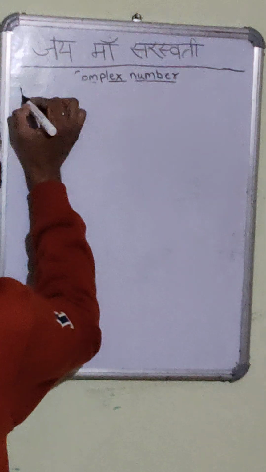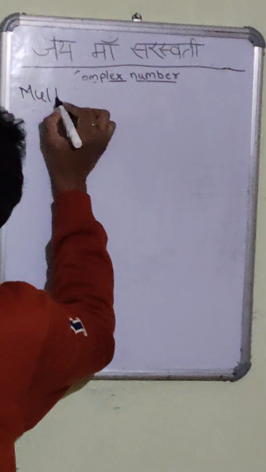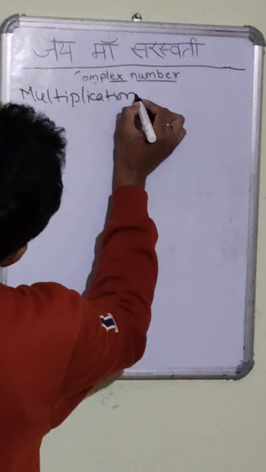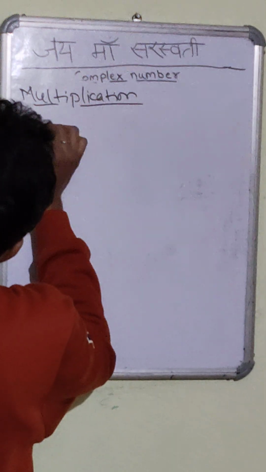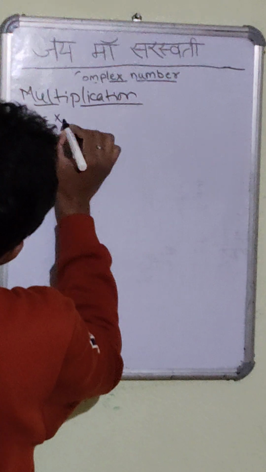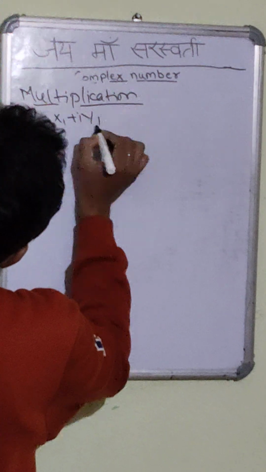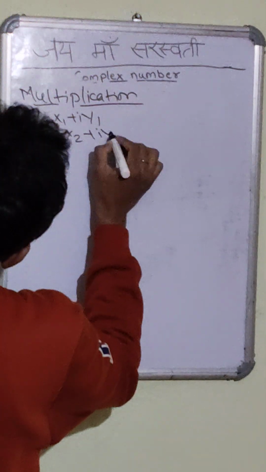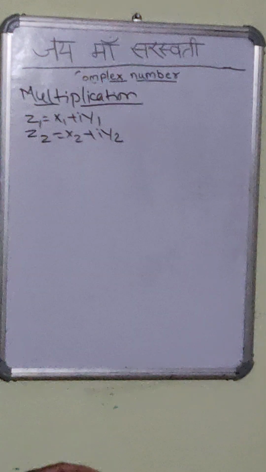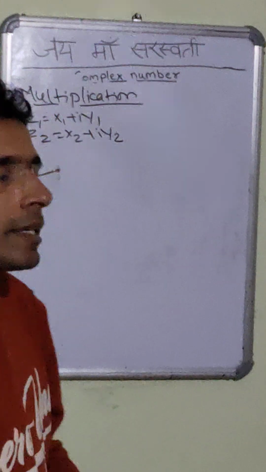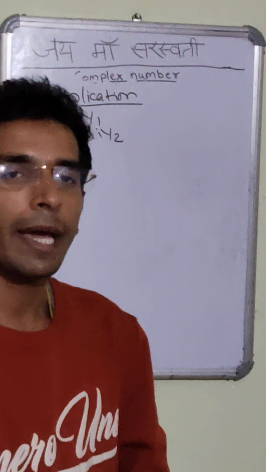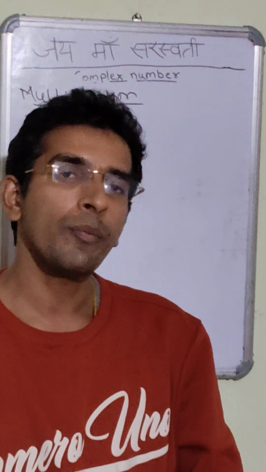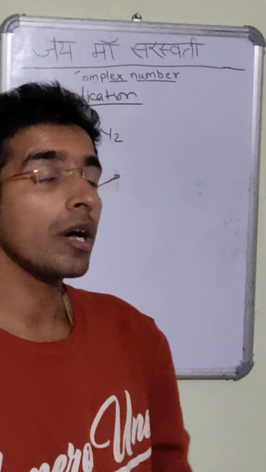In the case of multiplication of two complex numbers, we take Z1 is equal to x1 plus i y1 and Z2 is equal to x2 plus i y2. Understood?